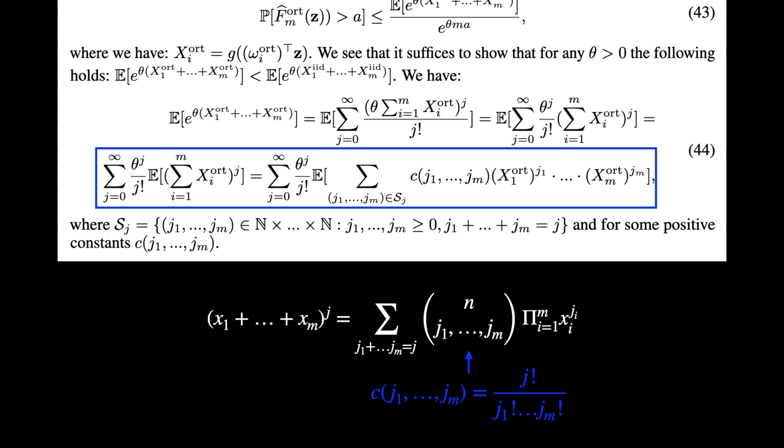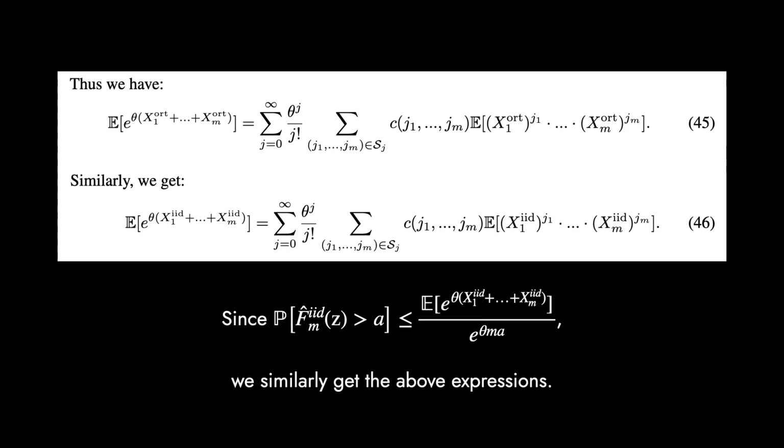The coefficient c of j1 through jm is defined as j factorial over j1 factorial times through jm factorial. Therefore, we get the two comparative expectations of orthogonal samples and IID samples.